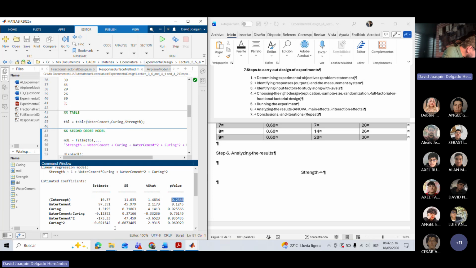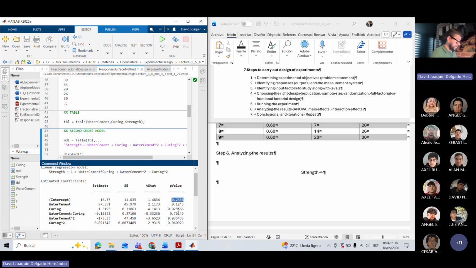What about the water cement? Again, it's exactly the same. This 0.12 is greater than 0.05. But what happens with the curing? In this case, this is significant because 0.02 is lower than 0.05.